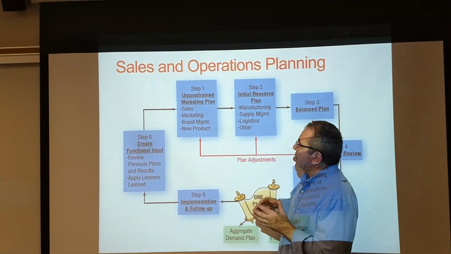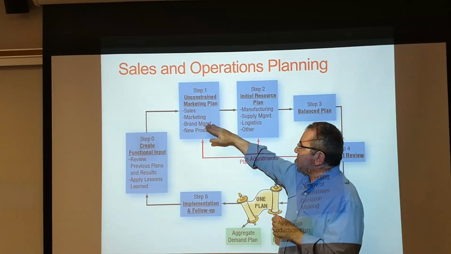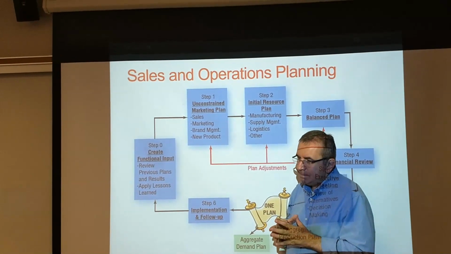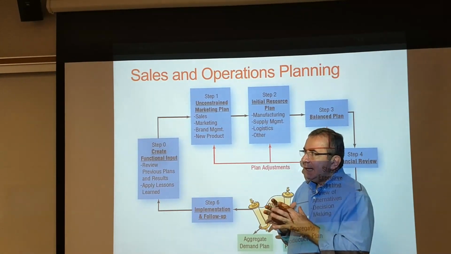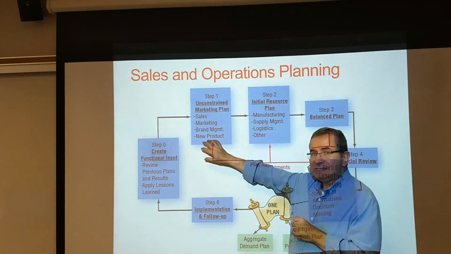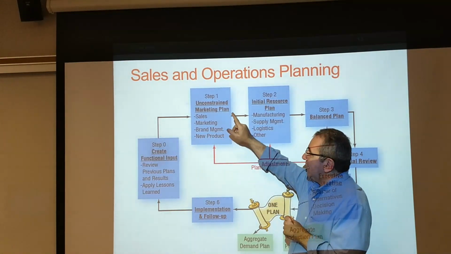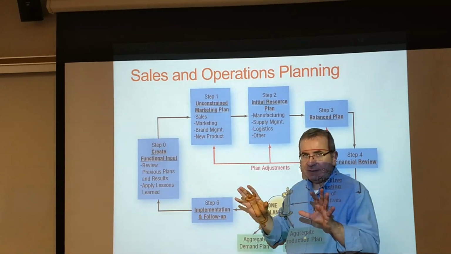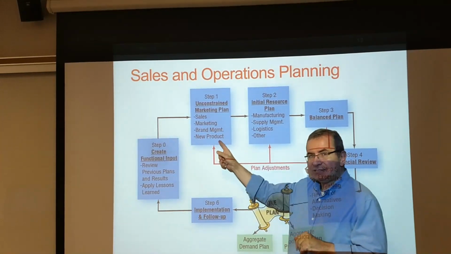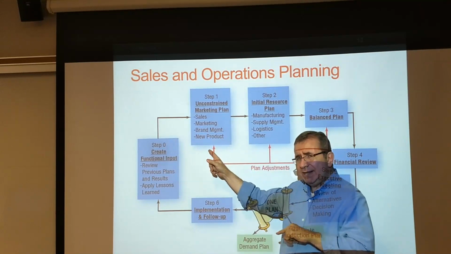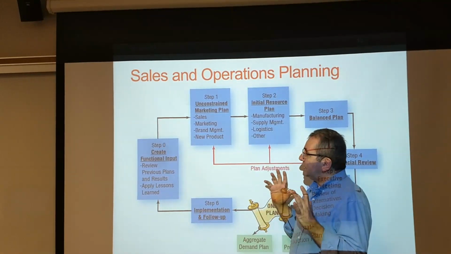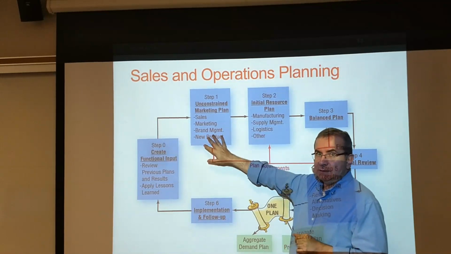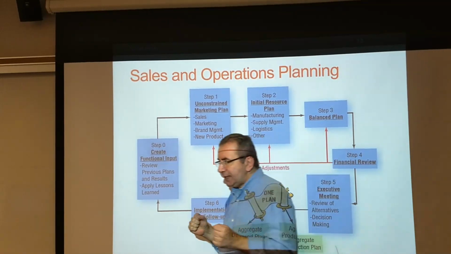They look at new products, brand, market shares, etc. The idea is how much can we sell if we had no constraints, no limitations. This is the best case scenario, how much potentially a company could sell.